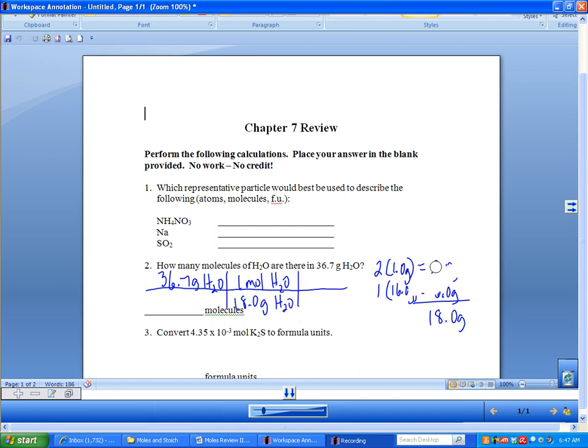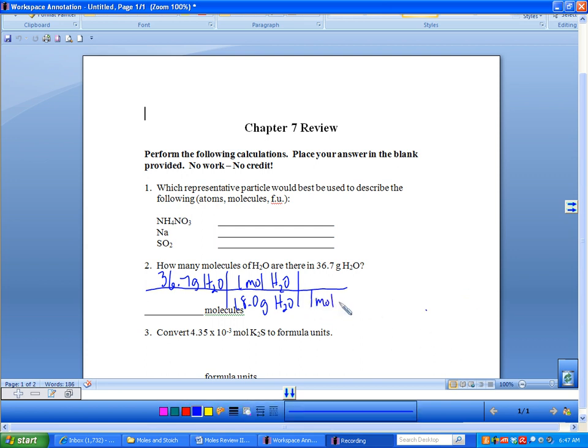And then I know that 1 mole of H2O has 6.02 times 10 to the 23rd molecules of H2O. Now I want everything to cancel out except for the word molecules, so these will cancel.